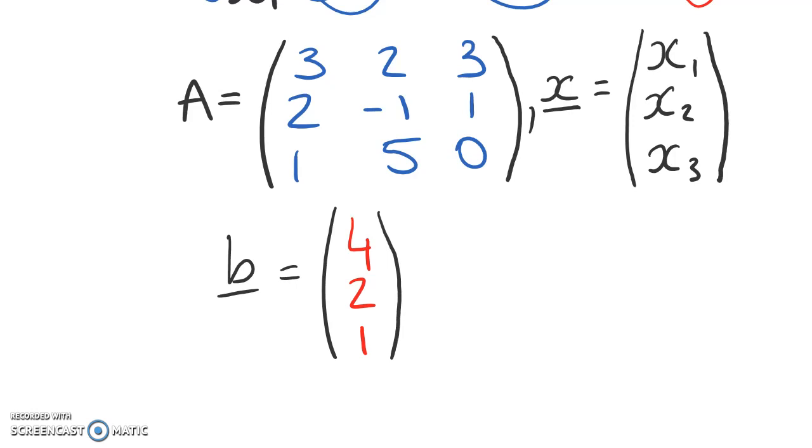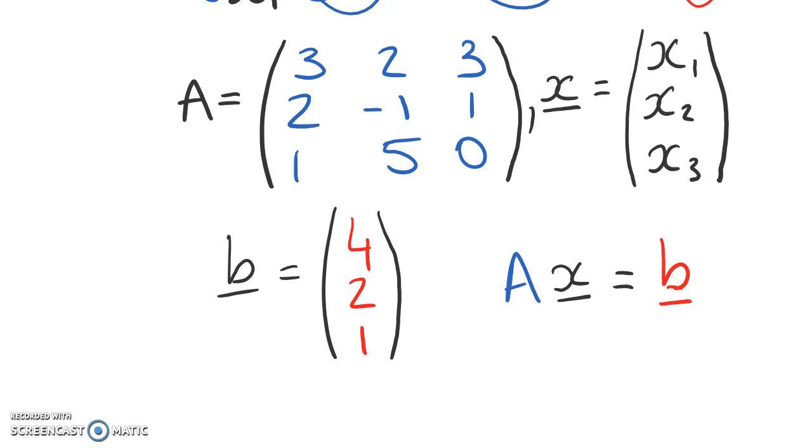Okay, so now that we've defined our A, x, and b, let's have a look at what the actual matrix form looks like. The actual matrix form would be A times our vector x is equal to B, our right-hand side vector. And that's how we convert to matrix form.